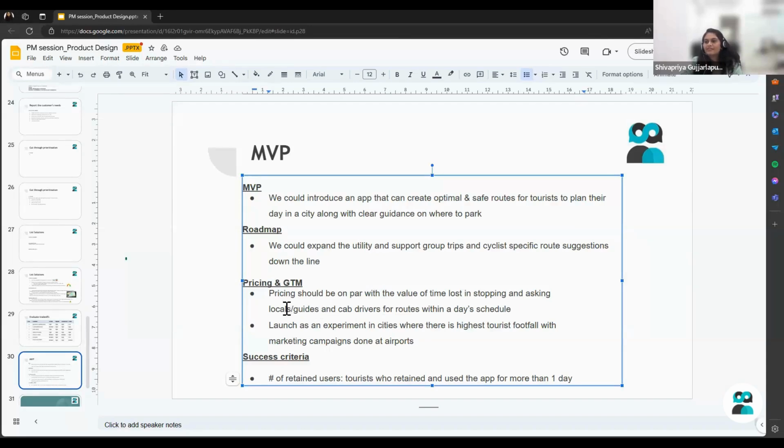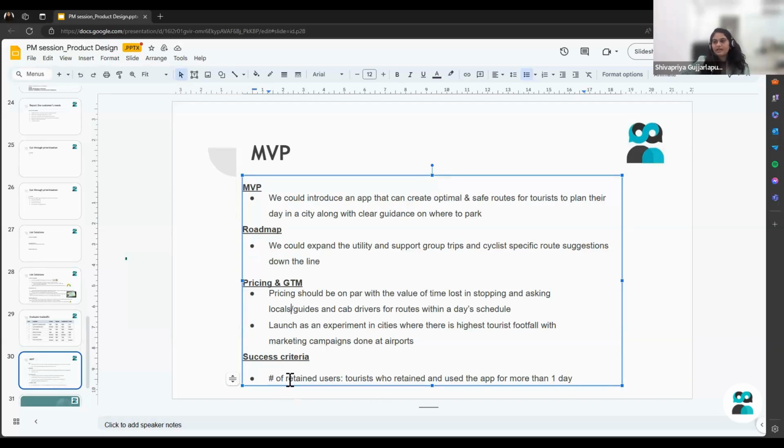For every tourist, the time spent in a day for covering how many attractions is very important, and that's how I measured this. And launching for the GTM part is based on an experiment in cities with the highest footfall, and marketing it at tourist destination stops like airports.